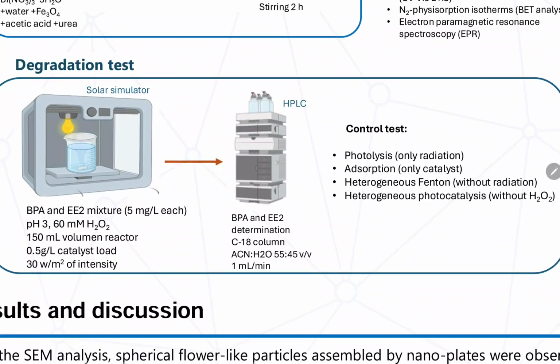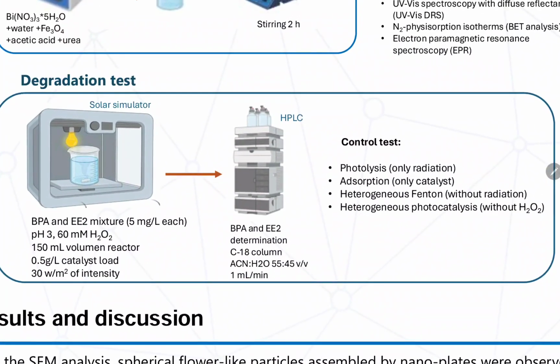For the degradation test, we have the small reactor that is put in a solar simulator, and here we have the conditions that were used. The BPA and EE2 mixture with a concentration of 5 milligrams per liter for each is added. Then the pH is adjusted to 3, with a concentration of 60 millimolar for the hydrogen peroxide, and the volume of the reactor, the catalyst load, and the intensity of the lamp.